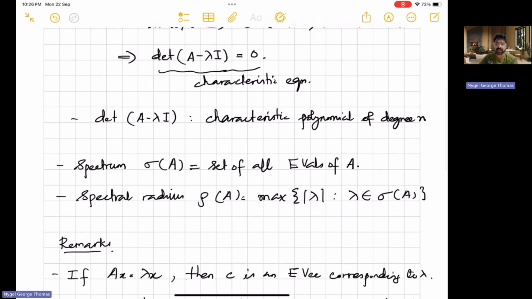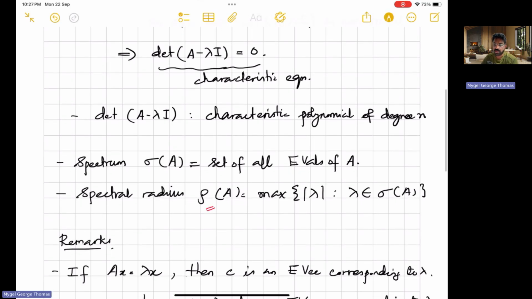There are a few more terms we can look at. The spectrum of a matrix A, which is denoted by sigma of A, is the set of all eigenvalues of A. And the spectral radius, which is denoted by rho of A, is the maximum of mod lambda.